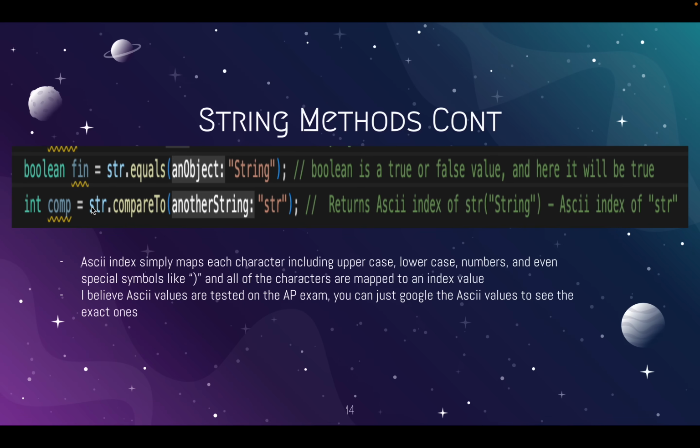So what it does is that since str is this string and this str is just str, it'll first compare the first two, then if the first one is bigger than the next one, then it'll return a positive value. If the first character has a higher ASCII than the first character of the other one, it'll return a higher value. If they're the exact same character, it just keeps going on until it reaches the end. If it reaches the end, then it returns 0.